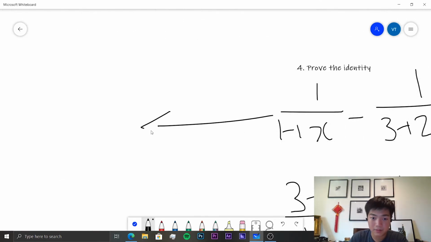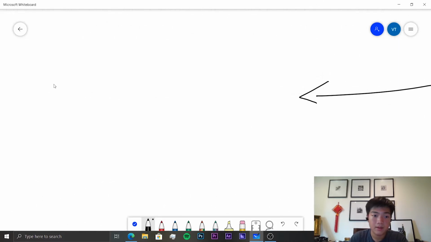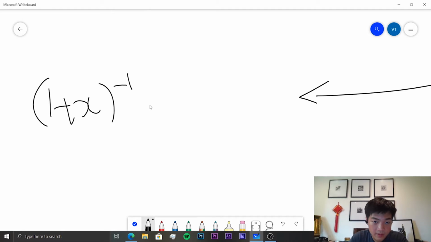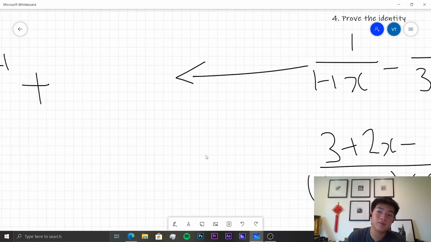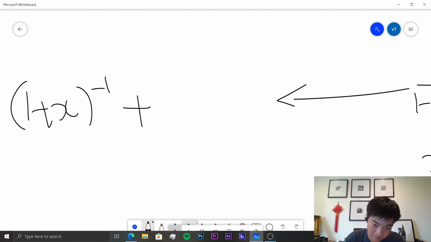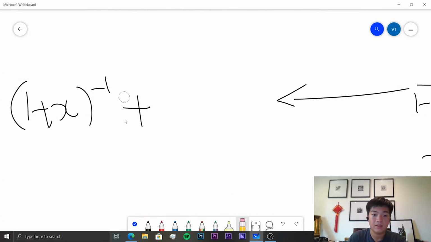Find the first 4 terms, and we are expanding 1 plus x to the negative 1 minus 1 over 3 plus 2x to the negative 1.